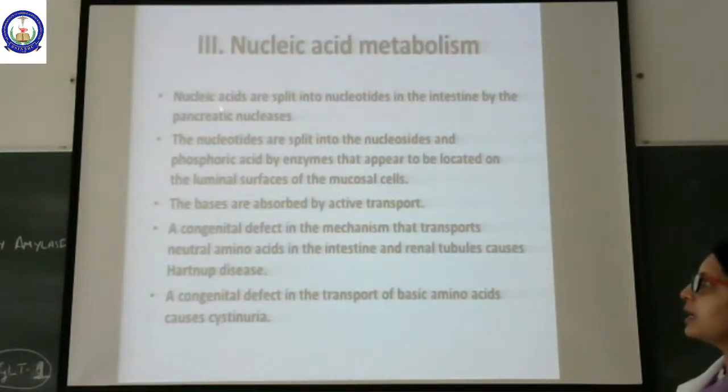The nucleotides are further split into nucleosides and phosphoric acid by enzymes which appear to be located on the luminal surface of the epithelial cells.